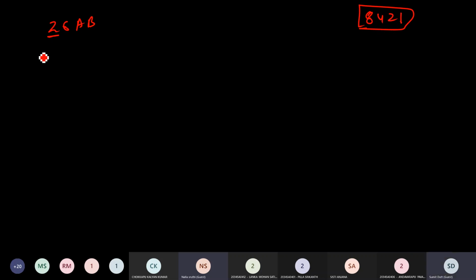It will be 0010. What about 6? 0110. And in hex the digits are 0 1 2 3 4 5 6 7 8 9 A B C D E and F, meaning 10, 11, 12, 13, 14 and 15.